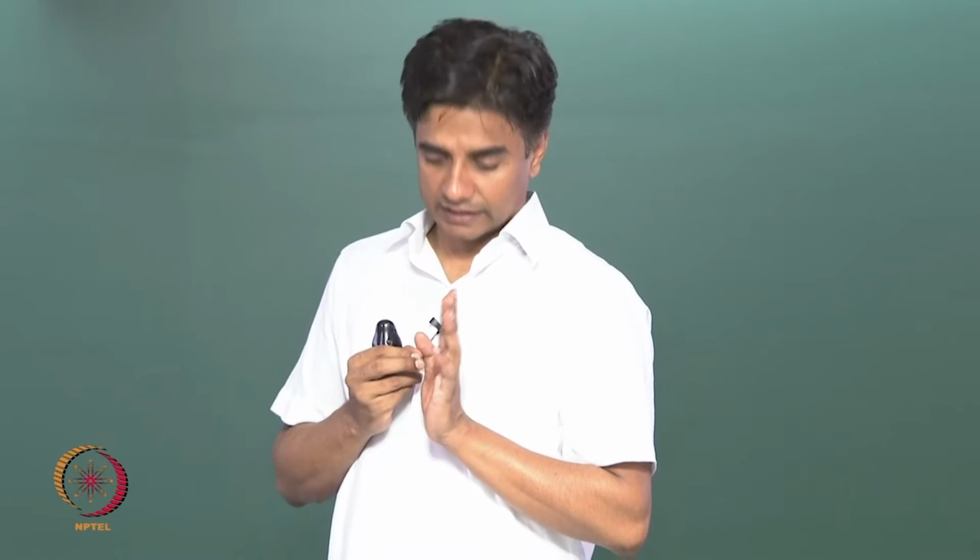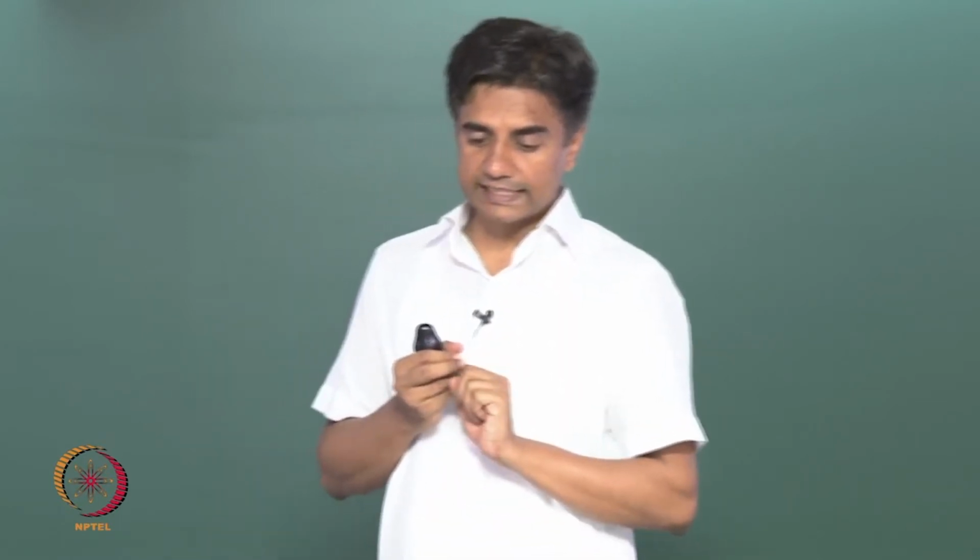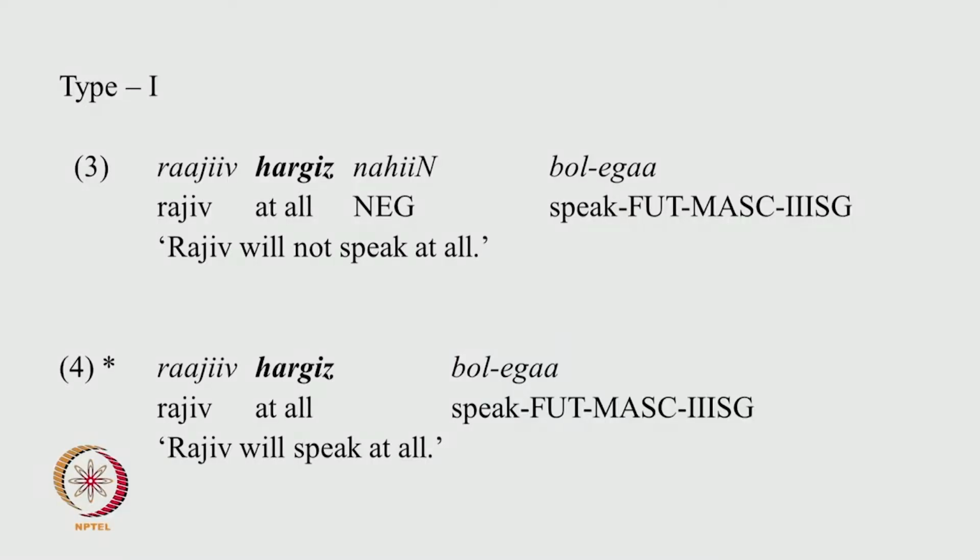Therefore, the next sentence is marked with a star and ungrammatical. Rajiv hargiz bolega is not a good sentence in Hindi. And the only reason why it is not good is because there is no negative marker. You put a negative marker, the sentence becomes good. See the point?